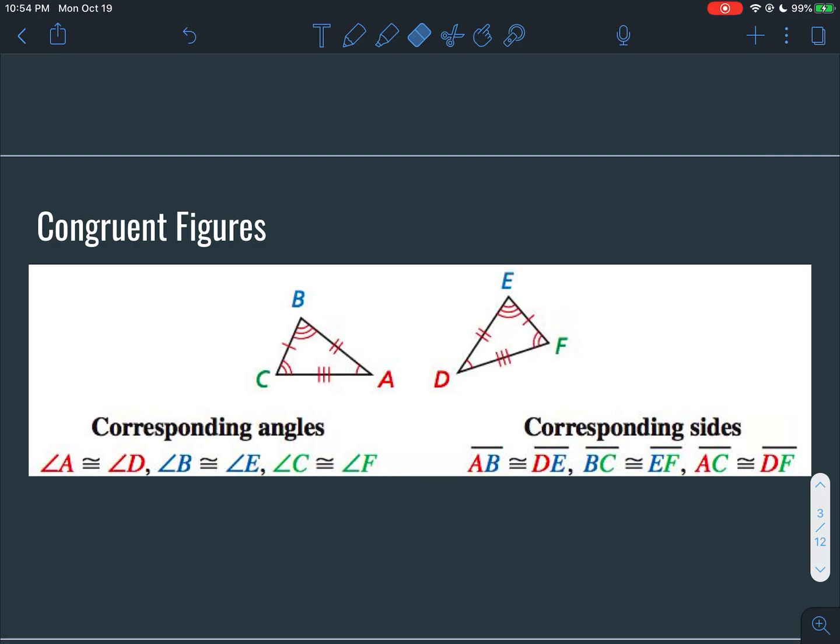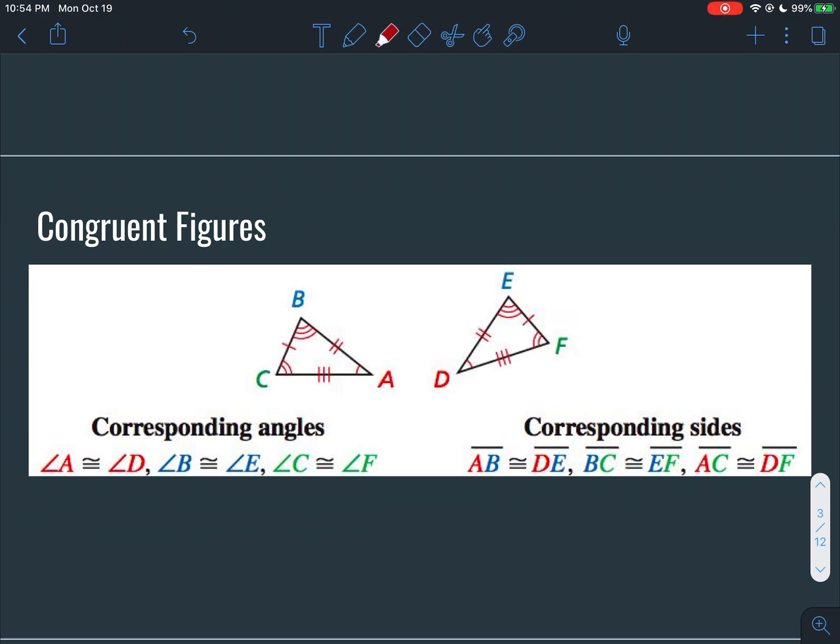You guys did really well on this question on the pretest, so I'm not going to spend too much time here. But corresponding parts of congruent figures are congruent. So because A corresponds to D, A is congruent to D, which means they're the same size.